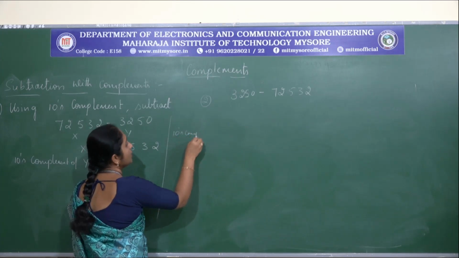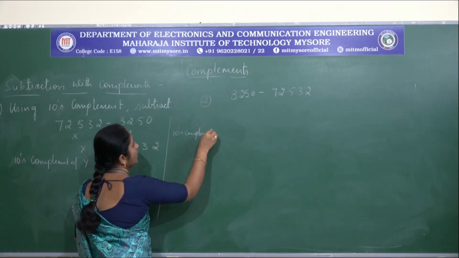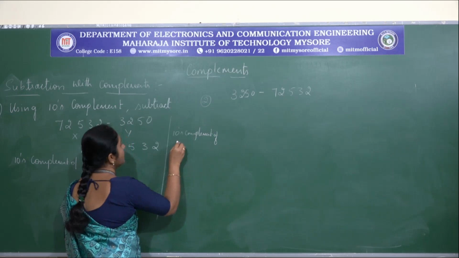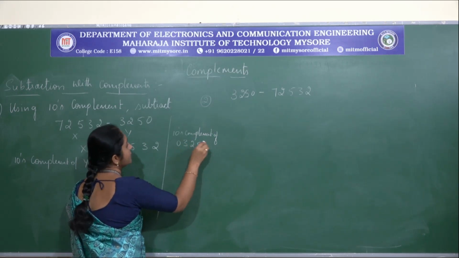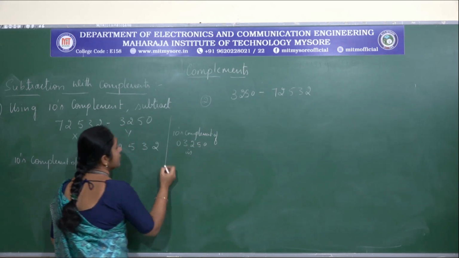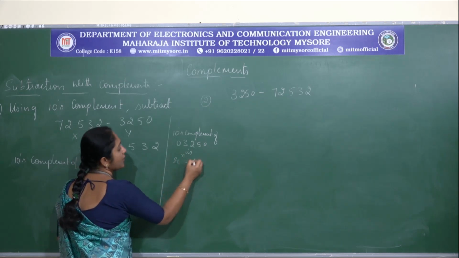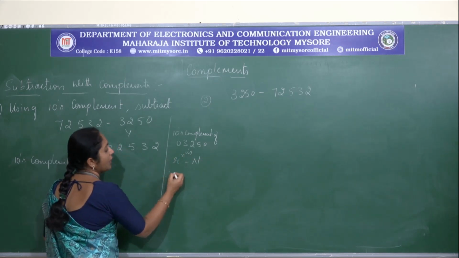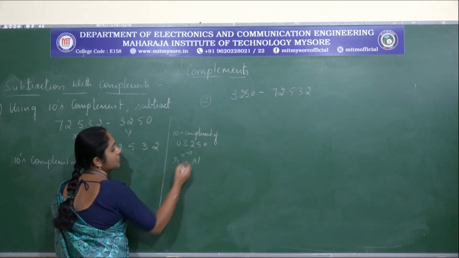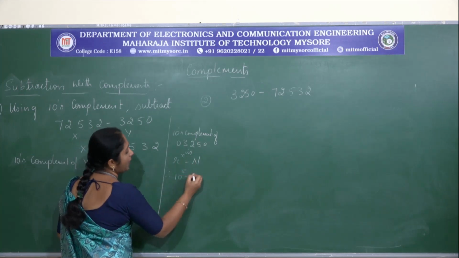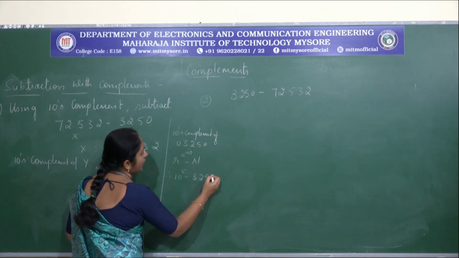The 10's complement of 03250, what is the procedure? R power n minus n. Therefore, since we have 5 digits, it is 10 power 5 minus 3250.